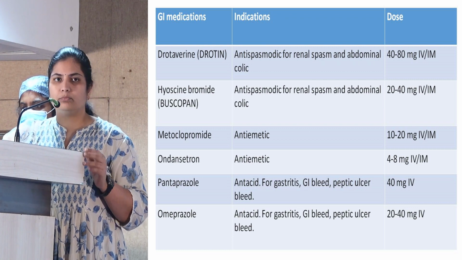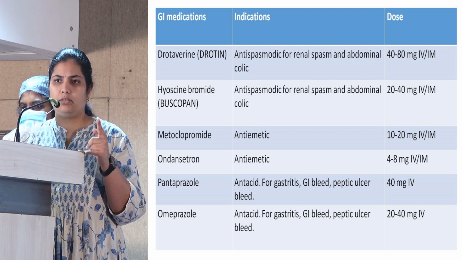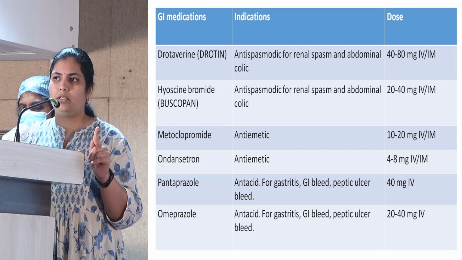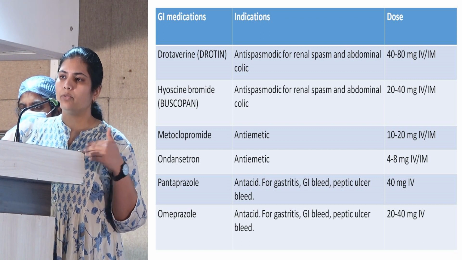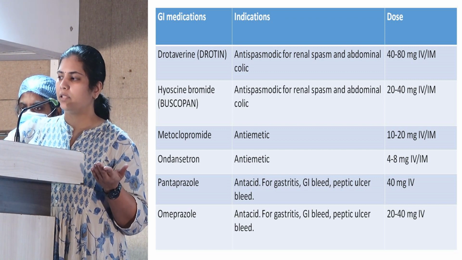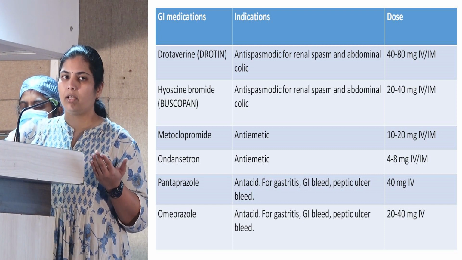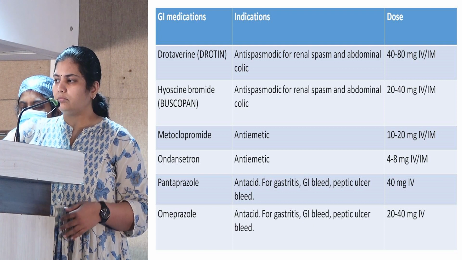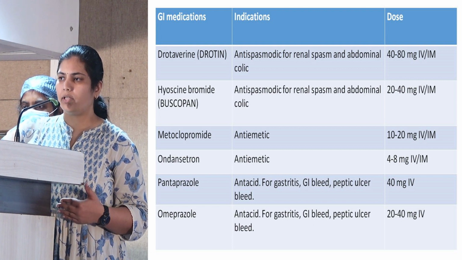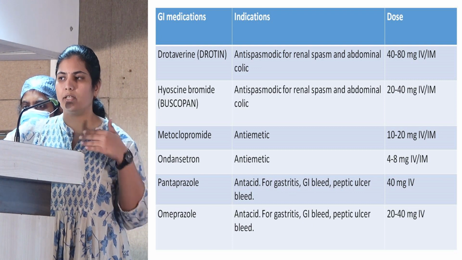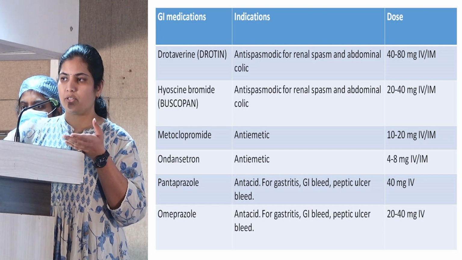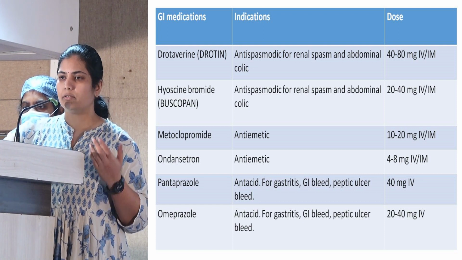Ondansetron: 1 ampule contains 4 mg of ondansetron. So maximum we can use 2 ampules. Then metoclopramide, we can use especially when ondansetron is not available and there is a risk of regurgitation, such as in patients with renal failure, those who are at high risk.